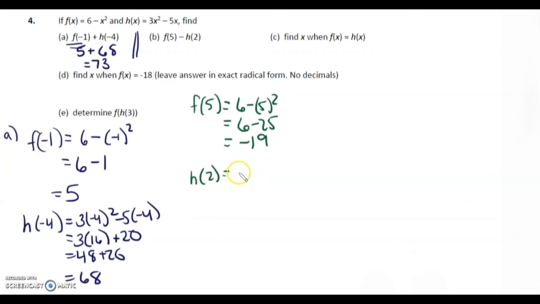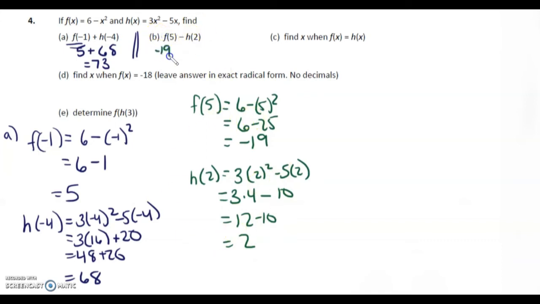And then h at 2 is 3(2 squared) minus 5(2). So 3 times 4 minus 10. 12 minus 10, which is 2. Okay, so if we take both of these numbers and we sub in, f at 5 is negative 19 minus h at 2 is 2, I get negative 21.